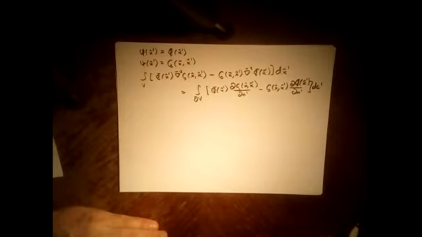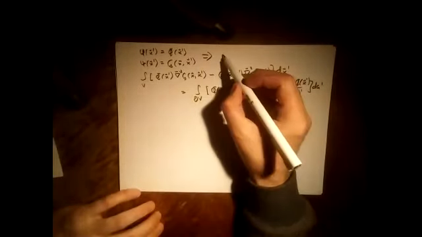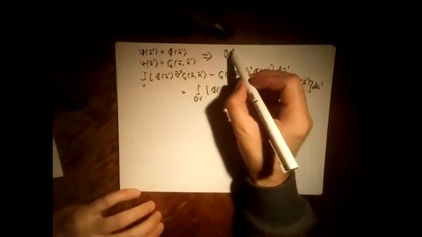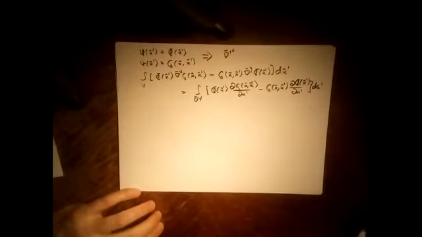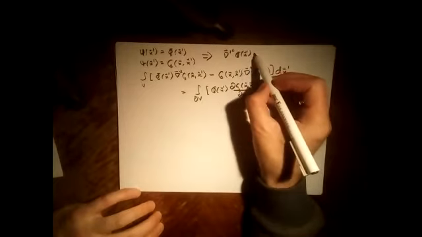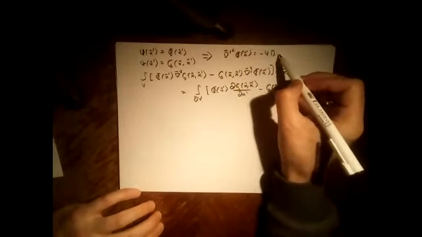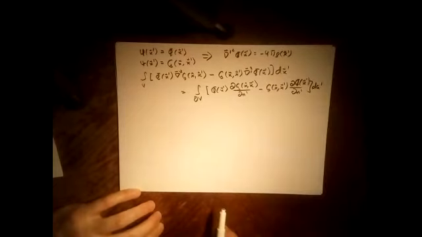Now I want to use the information that I have about potentials and Green's functions, namely that the potential satisfies this identity. Sorry, all of these Laplacians are on the prime variables. So I'm going to substitute that.